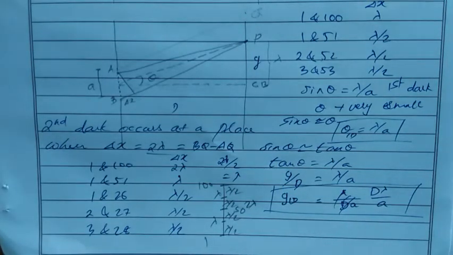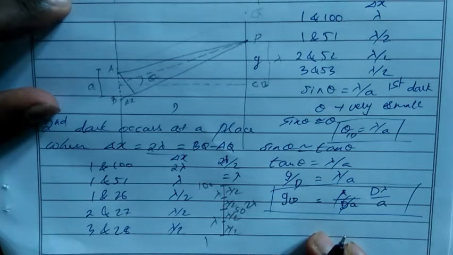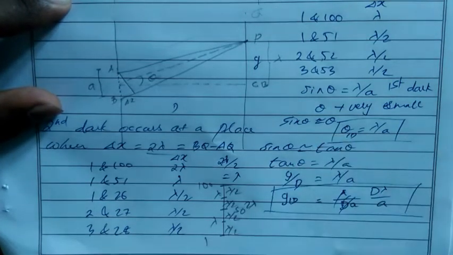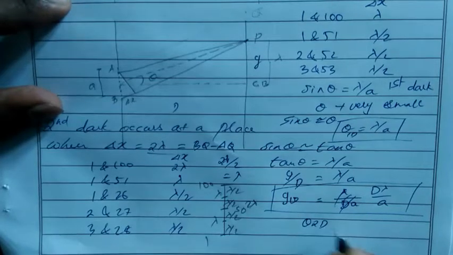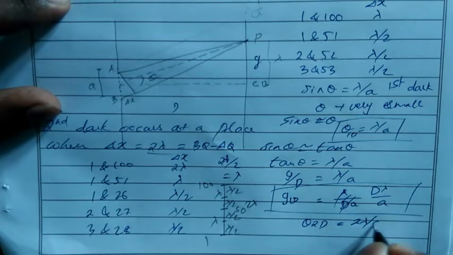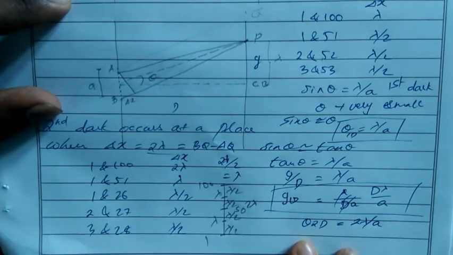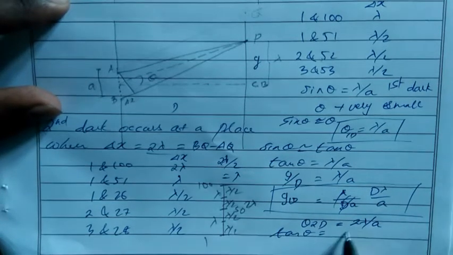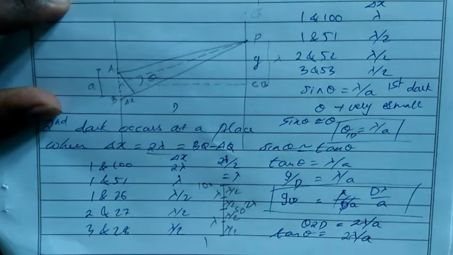Okay. So what is the formula? By the same method, theta for the second dark will be given with 2 lambda path difference, so 2 lambda by a. Then theta is very small, so we can take sine theta as tan theta. Now our tan theta equal to 2 lambda by a.